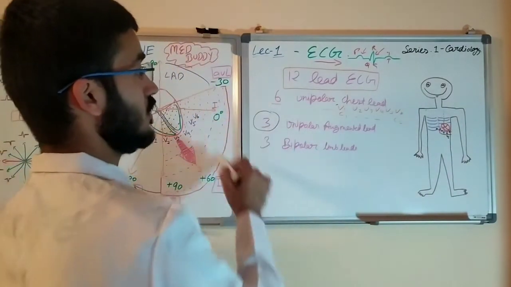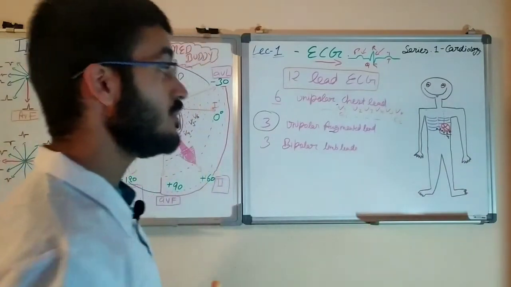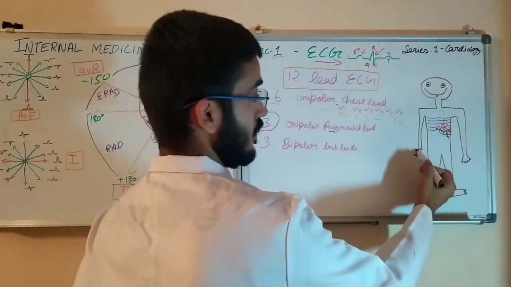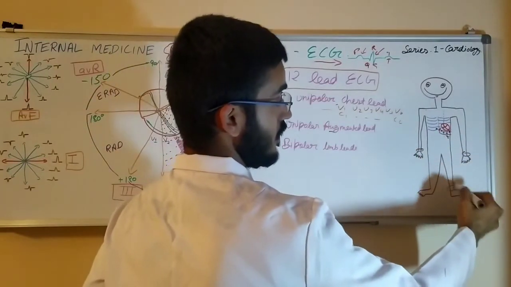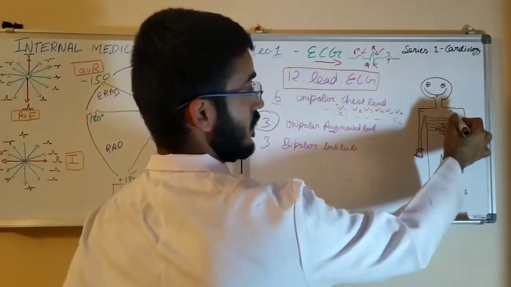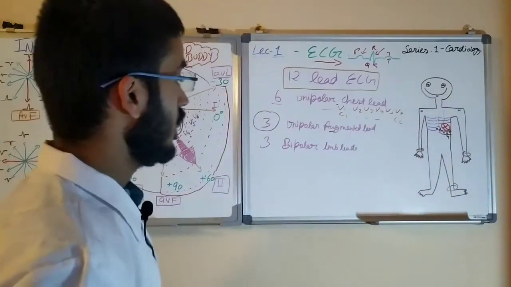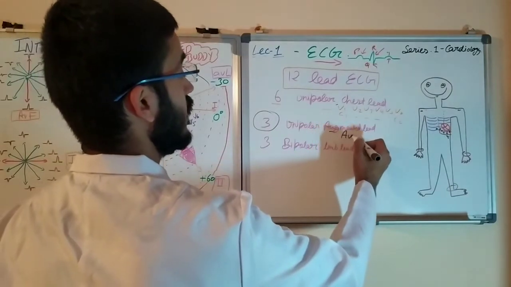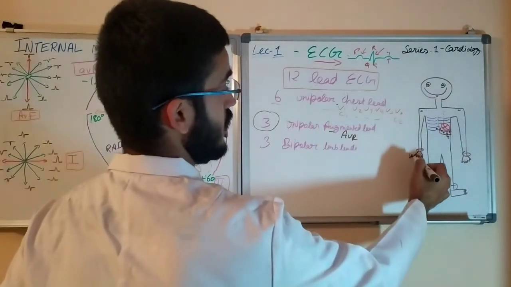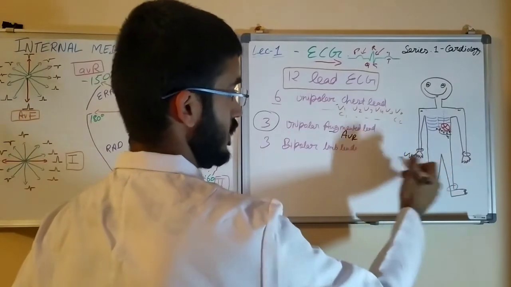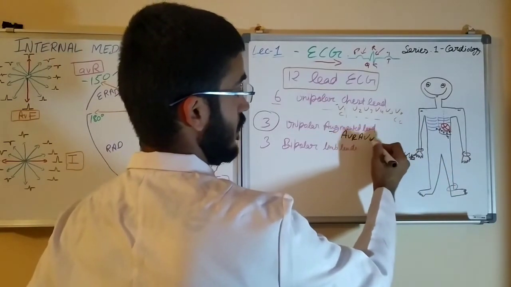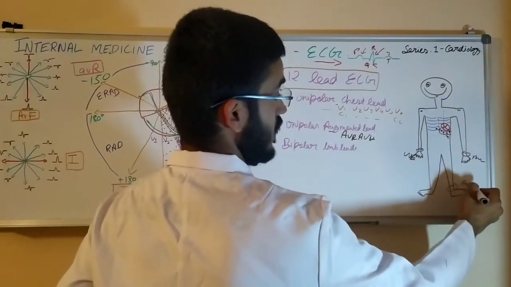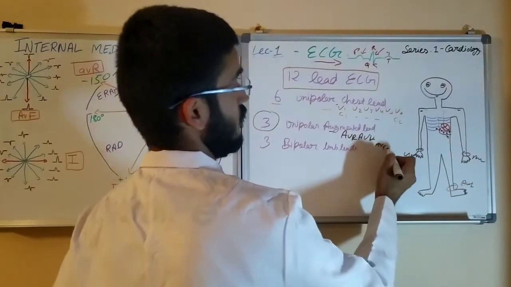Next come the 3 unipolar augmented limb leads. These are also limb leads that are placed here, here and here. Maybe they can also be placed here or here. And what are they named? They are named AVR, that is AVR on the right side, AVL, this is AVL, and AVF, that is AVF.